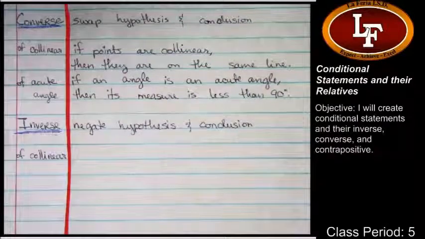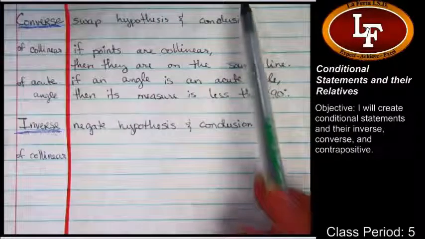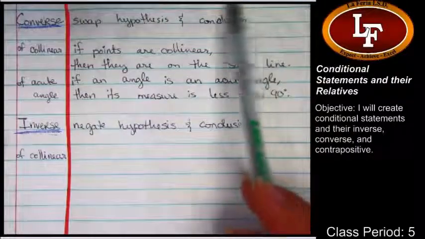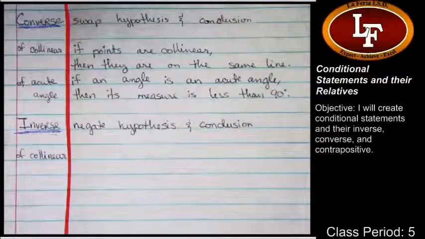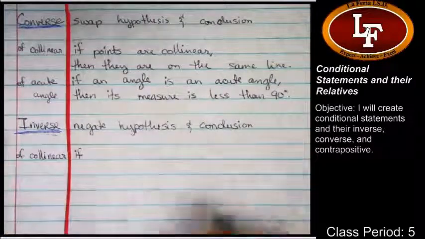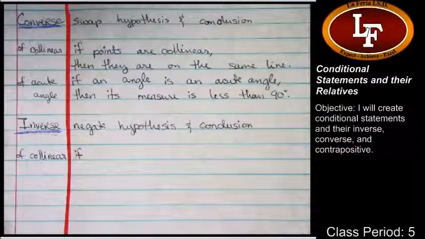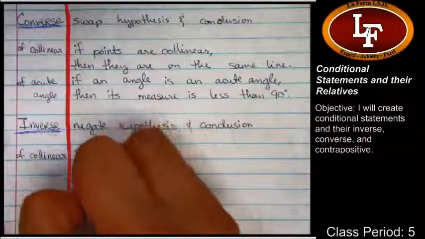So we're going to use the same hypothesis and conclusion from the original statement, which is up there in the notes. It's off screen, but it's up there somewhere. Okay, so the top of your paper, what was the original hypothesis of that conditional for collinear? Points are on the same line. Negate that, you get? Points are not on the same line.